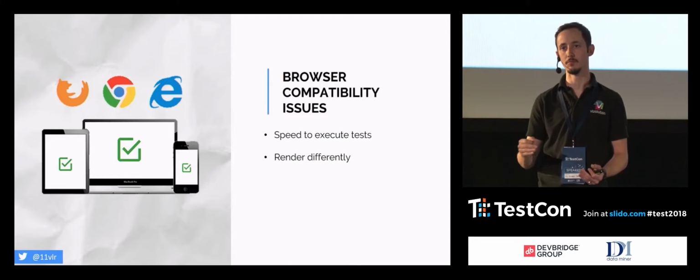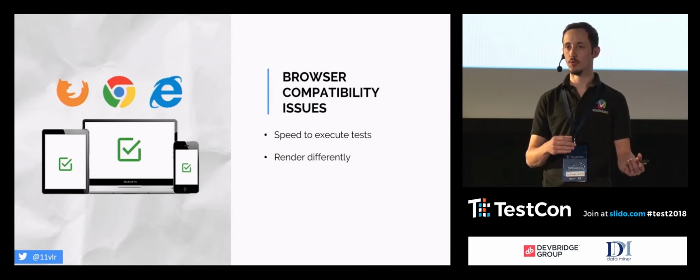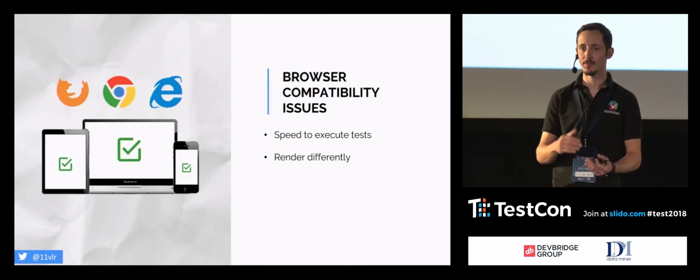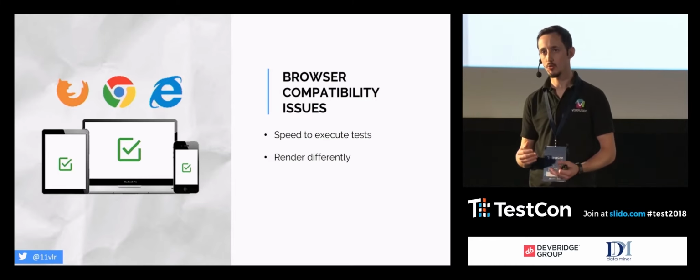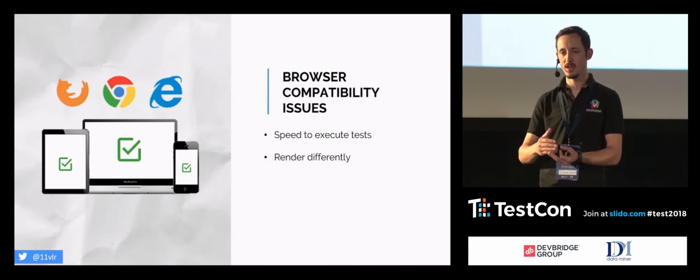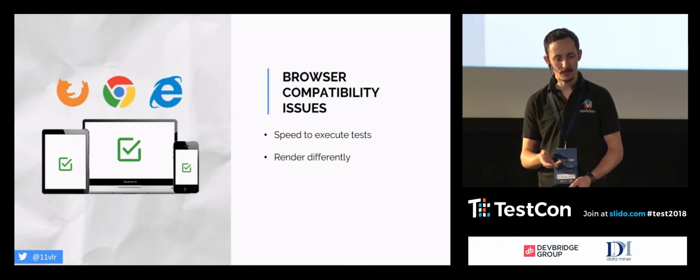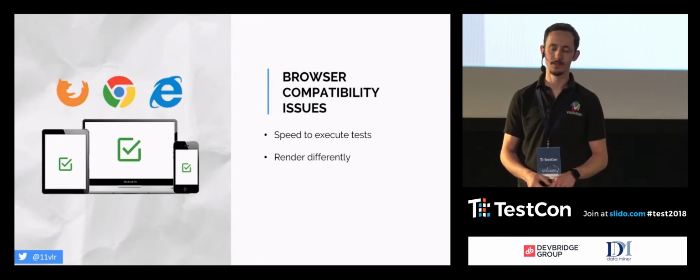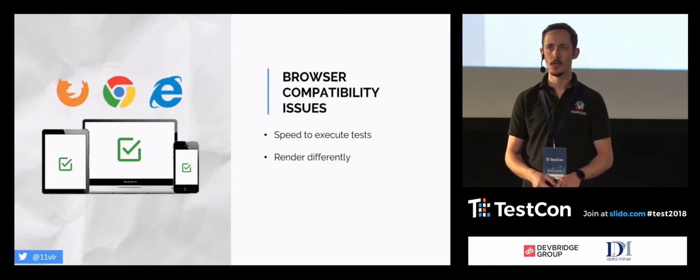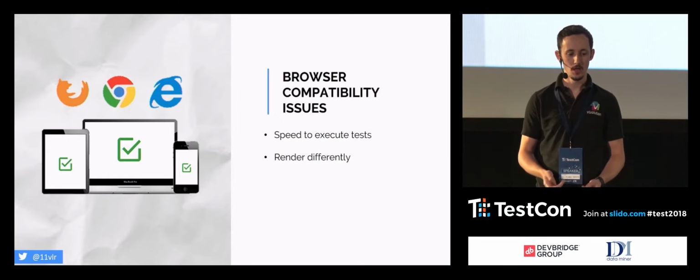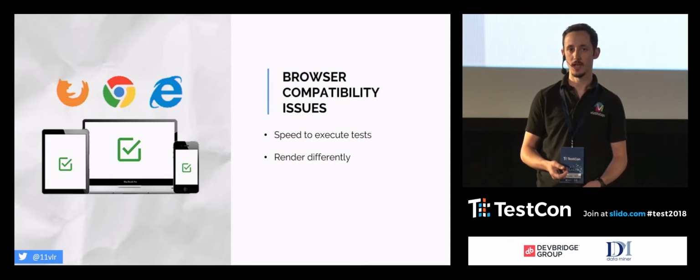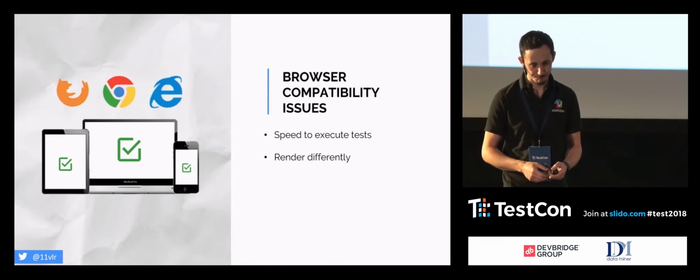If I'm in this driver type, do this. You have to start looking at things like waits, so you have to slow down the page because an element hasn't loaded in IE, but it has in Firefox. You have to add all this bloat in. So quite quickly it can grow into quite a mess that you have to then try and maintain. And it doesn't really matter for typical end-to-end testing, but when it comes to visual testing, browsers render differently, and that causes a big problem.